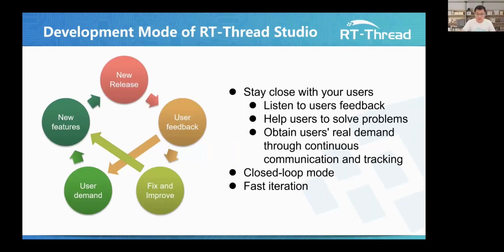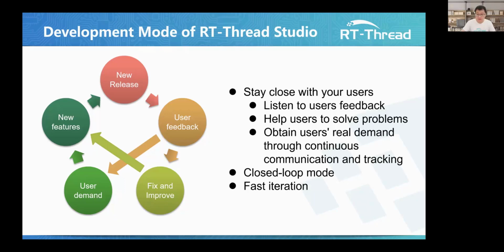Well, let's take a look at the overall picture. We are working to make the development mode of Studio a closed loop. While we release the new version, we start collecting feedback and take time to communicate with users, locate usage problems, and discover potential bugs, as well as analyze the real user needs.